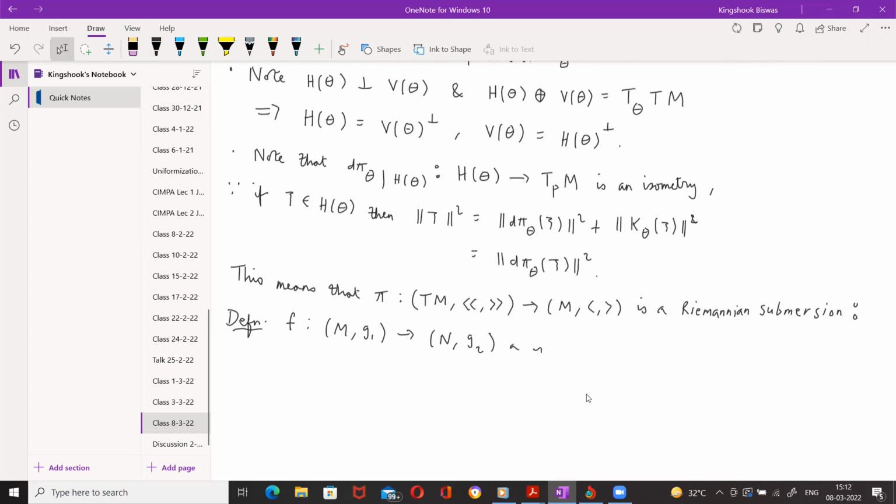A submersion between Riemannian manifolds is said to be a Riemannian submersion.